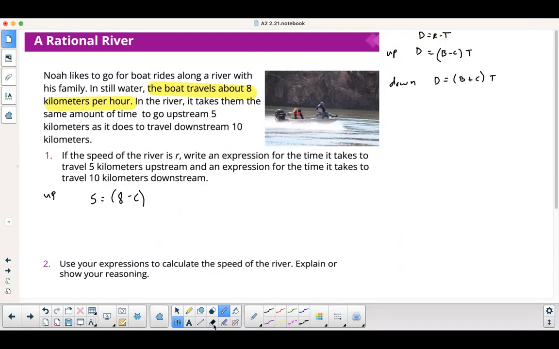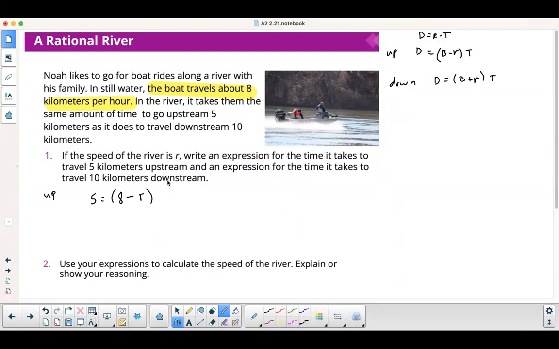I guess they're using r for the river. Okay, maybe I should have used r here. Let's keep it consistent. The boat plus the river. Okay, boat plus the river. All right, so distance is 5, speed of the boat in still water is 8, minus the river, times your time.